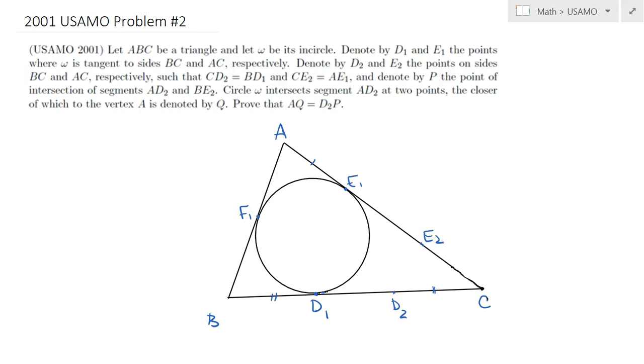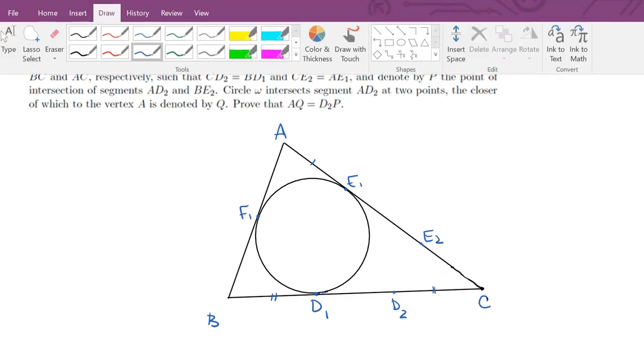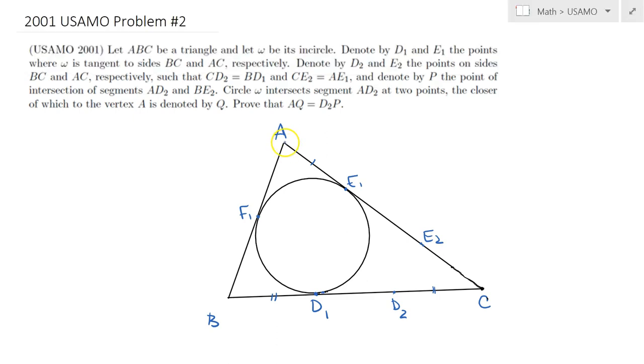And now P is the intersection of AD2 and BE2, so we can go ahead and connect those points. So we would like to draw AD2 like that, and BE2 like that. This point here is P according to the description of the problem.